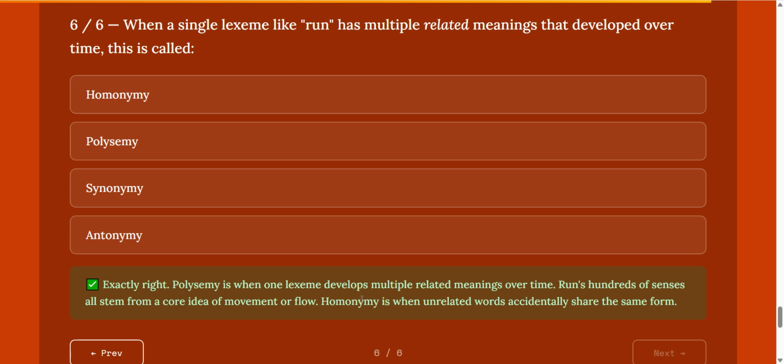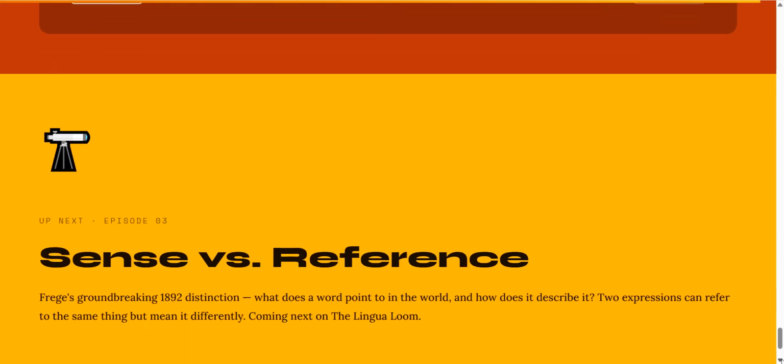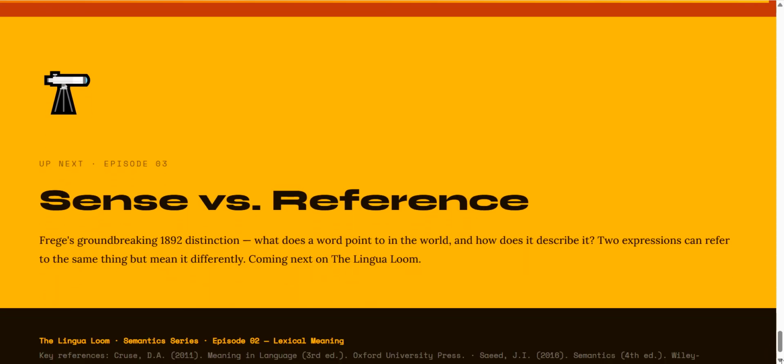Polysemy is when one lexeme develops multiple related meanings over time. Run has hundreds of senses, all stemming from the same core of movement or flow. Homonymy is when unrelated words accidentally share the same form. So in homonymy, bank can come but not run. So this is a quiz, you can use it as an example to test.